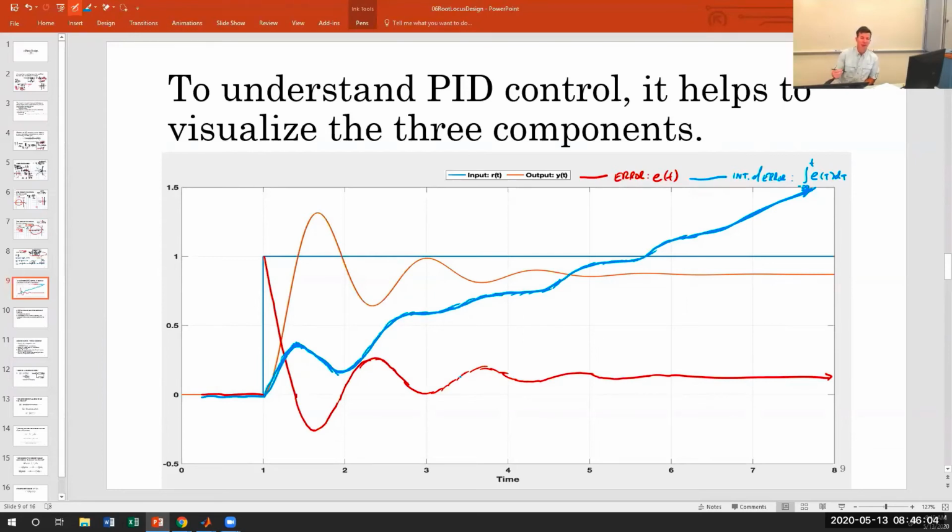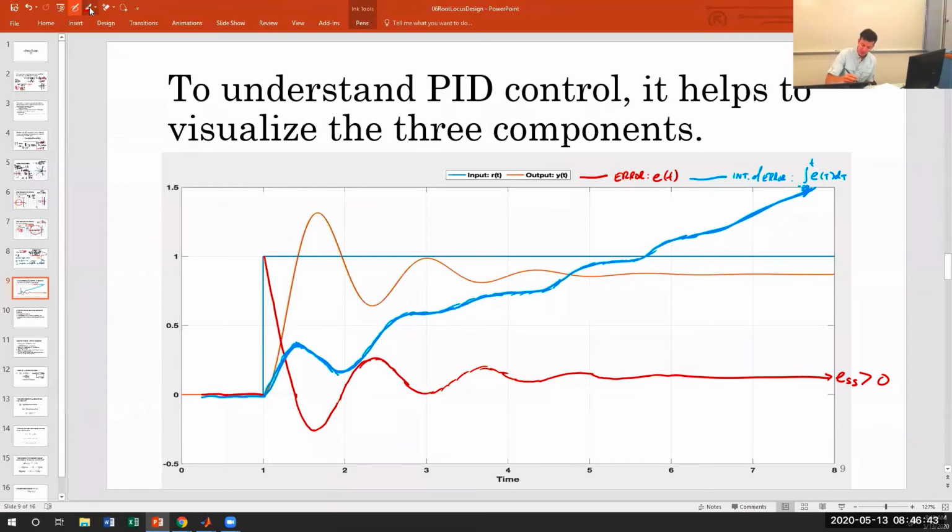This is one of the ways people explain why integrators help combat steady state error, because if the system exhibits steady state error, and that's exactly what we've got here, so this value is your steady state error, and it is non-zero, the integral of that signal runs away. It gets larger and larger and larger. And eventually, that signal in an LTI system will cause the actuator to correct the error. Okay?